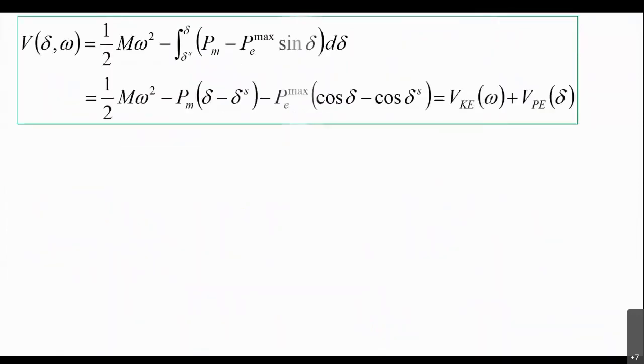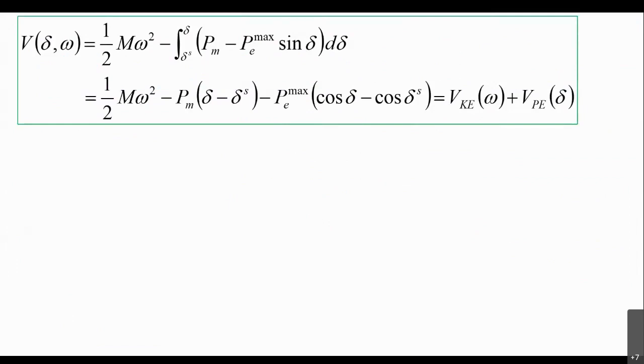This is for single machine, right? Now the integration will be from delta S to delta of Pm minus P max sine delta, that is with respect to d delta.